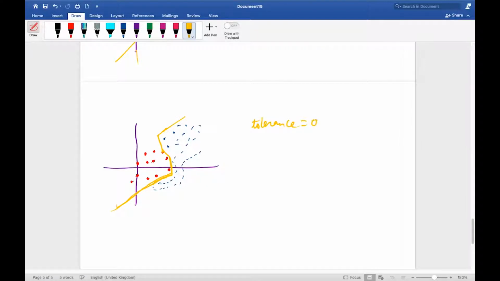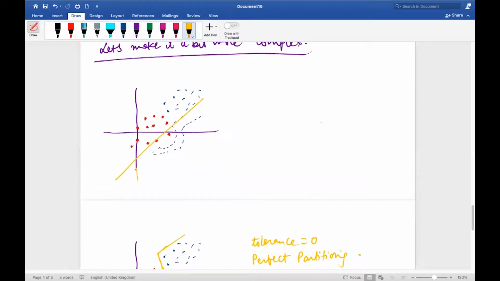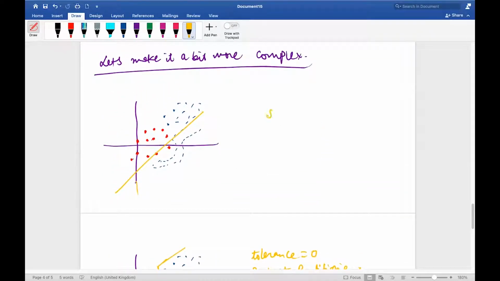Or perfect partitioning. What about the first one? For what?